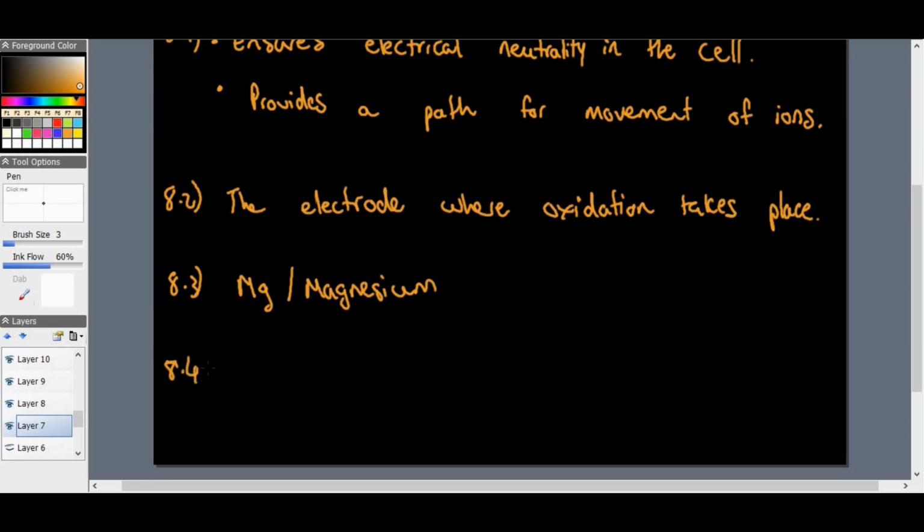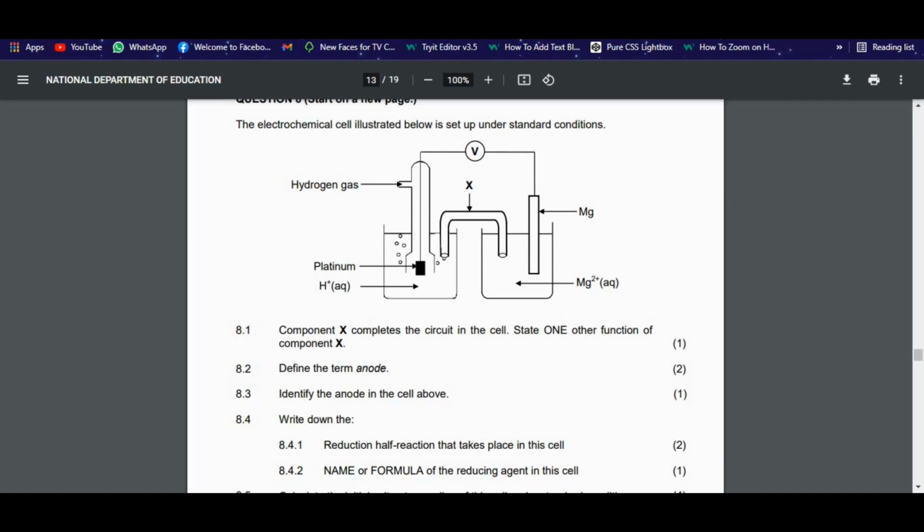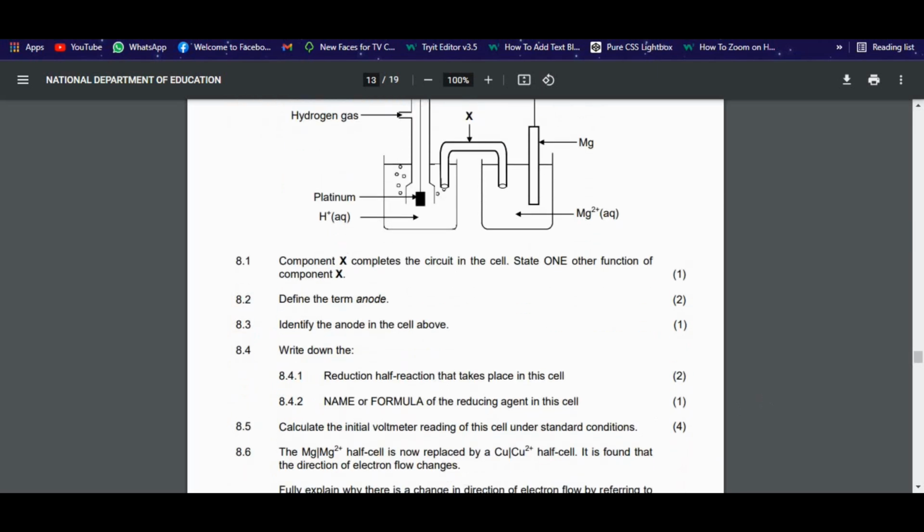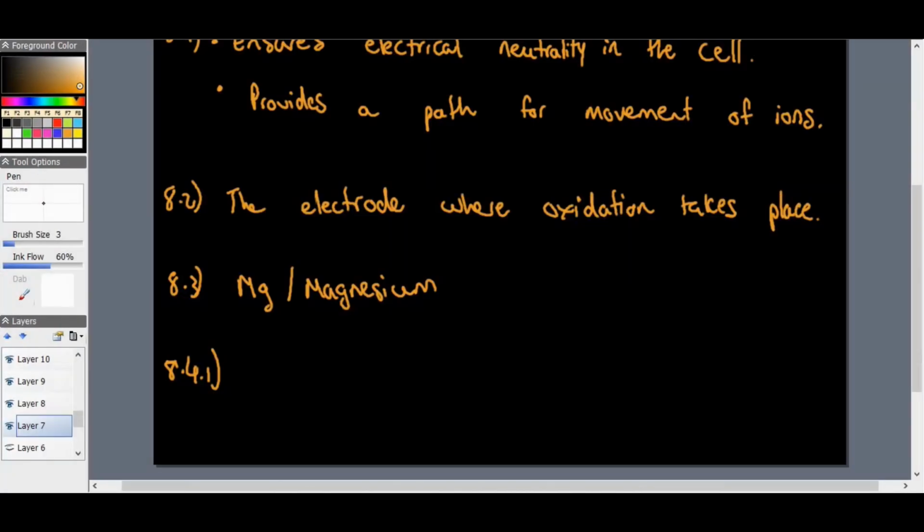Okay, let's write down 8.4.1 quickly, and let's go find out that question. Write down the reduction half reaction that takes place in the cell. Well, I kind of gave that away now, because the other one, judging by what forms in the aqueous solution there, will determine the other substance.